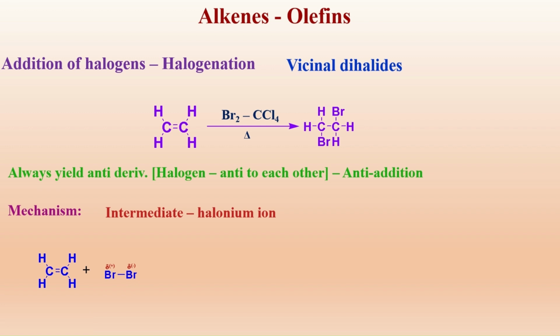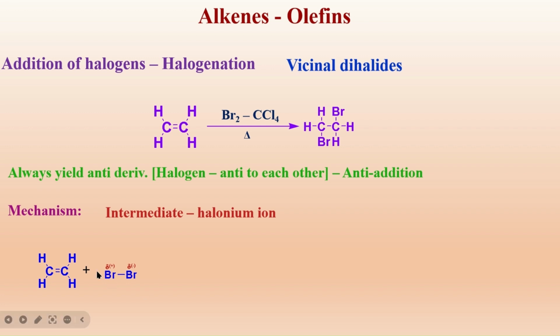This is called induced polarization. As such, bromine is non-polar in nature. But in the presence of a nucleophile like an alkene, polarization is induced in the bromine molecule. That is called induced polarization.